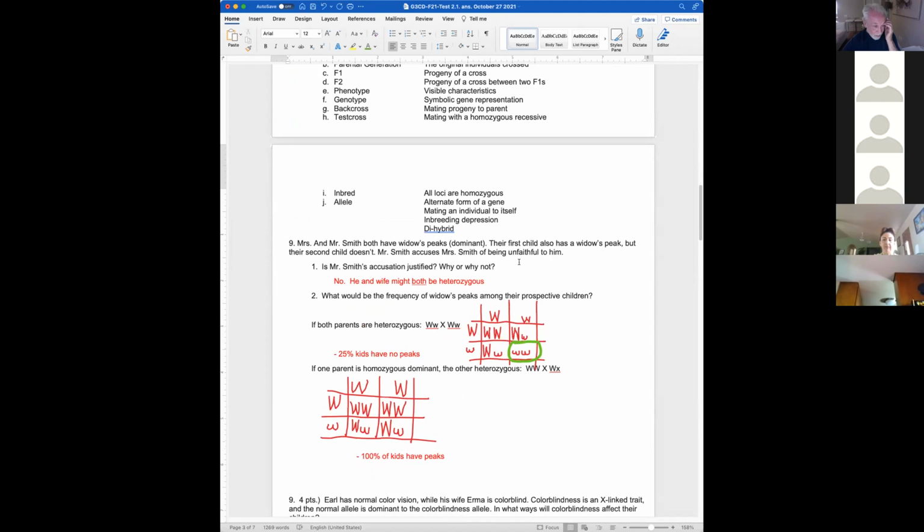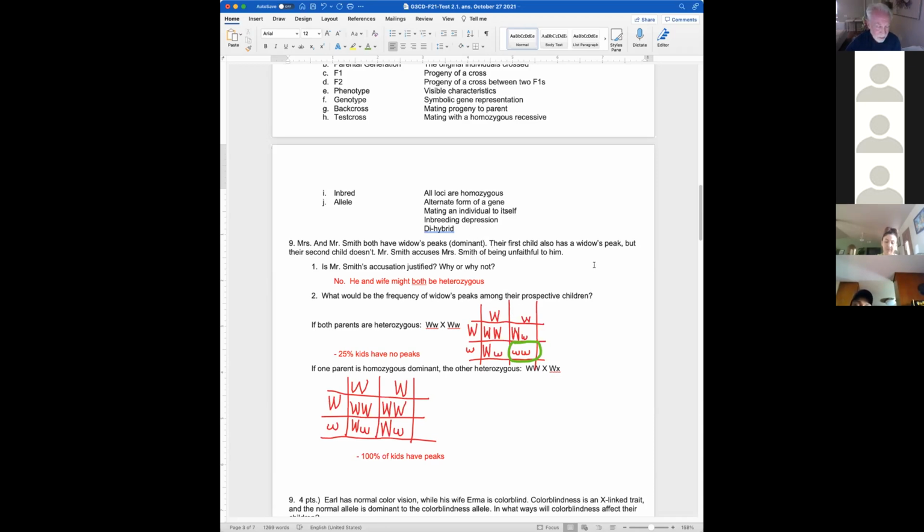Well, to think about answering this, the best way to approach it is to do a Punnett square. But first you have to have a gene symbol. So how can we assign a gene symbol? I've used the symbol W here, but we know that both Mr. and Mrs. Smith have widow's peaks, and that trait is dominant.